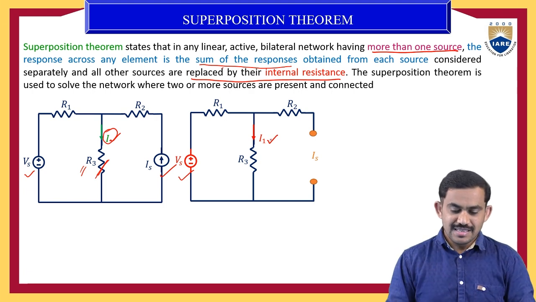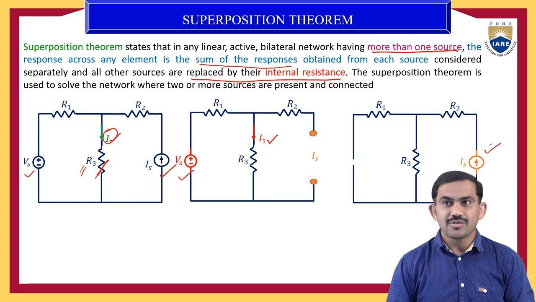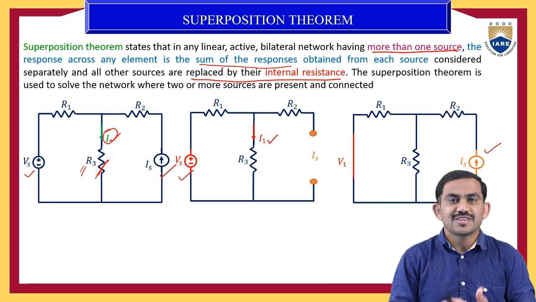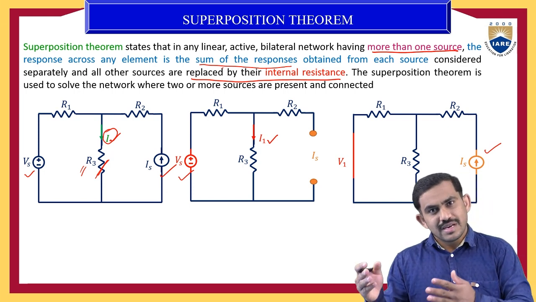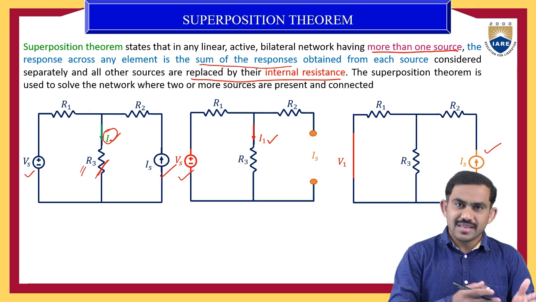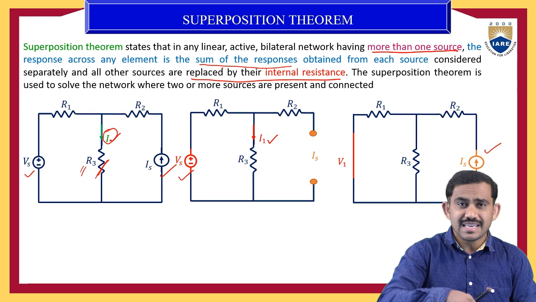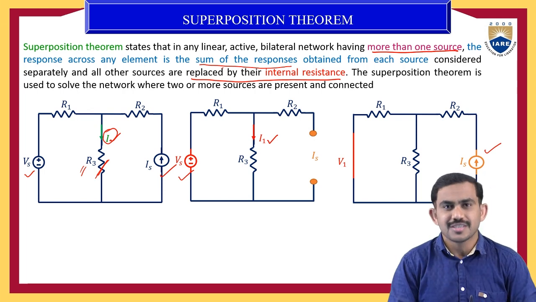Next, now my current source is acting. What about your voltage source? That voltage source is short circuit. When the current source is acting, the remaining sources are replaced by their internal resistance. Here the voltage source is short circuited.